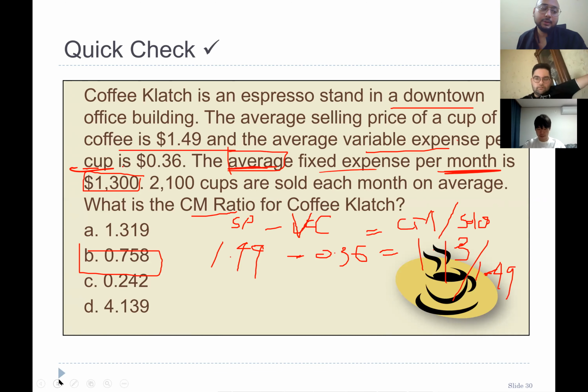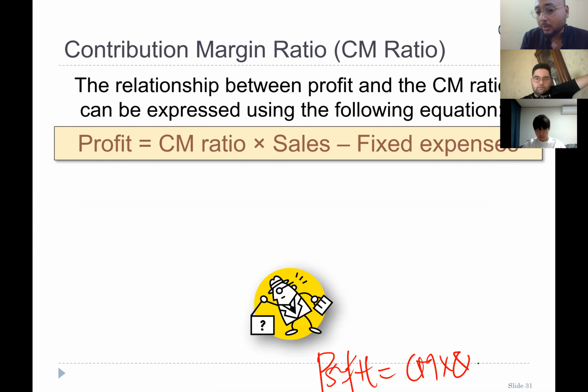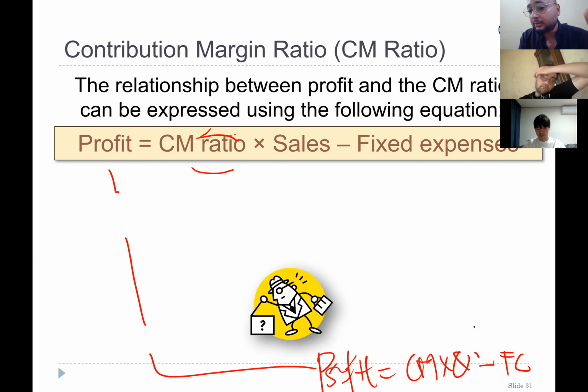Yes. Good. Let's move forward. So it means we can convert this equation, where profit is equal to CM multiplied by quantity minus fixed cost, into this one if we have a ratio, the CM ratio here. But when we are using a ratio, there is no quantity here. Instead of quantity, you write down the total sales.